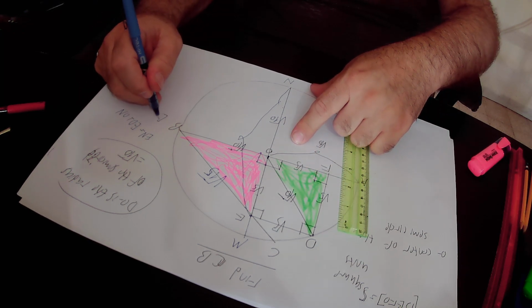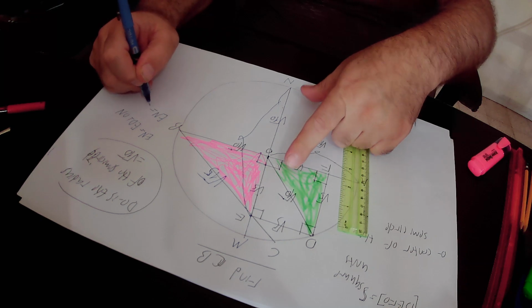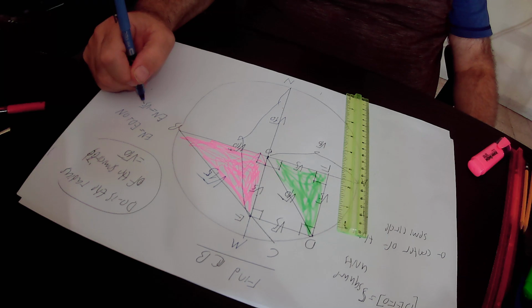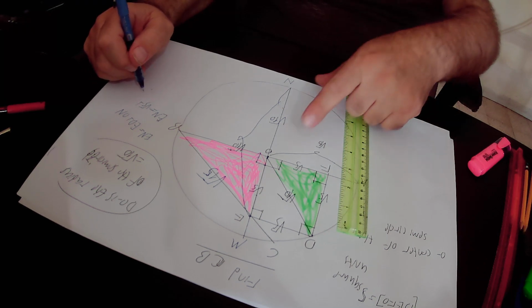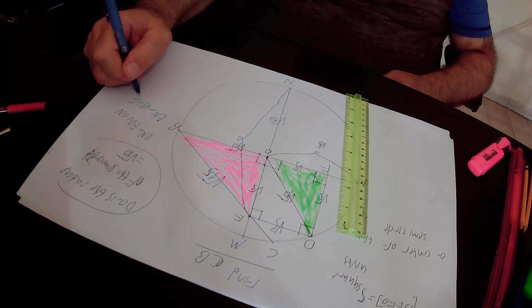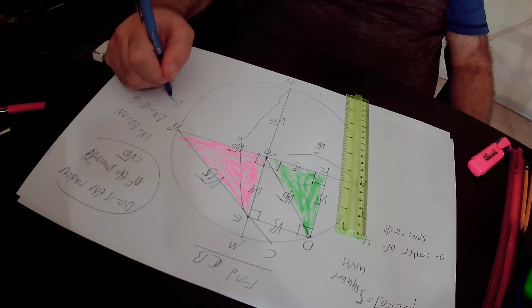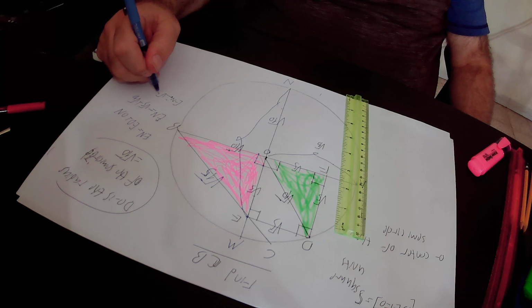EO equals the square root of 5, plus ON. ON equals the square root of 10. So in conclusion, we found out that EN is equal to the square root of 10 plus the square root of 5.